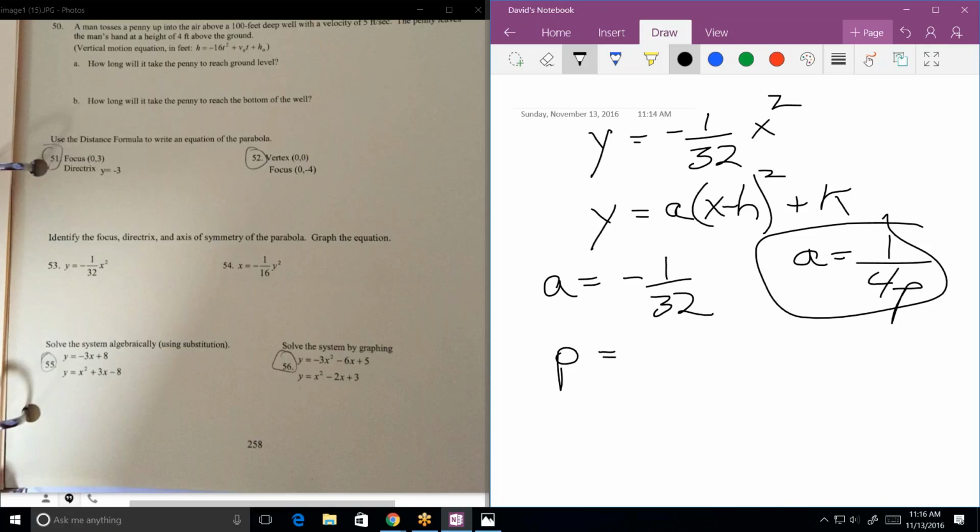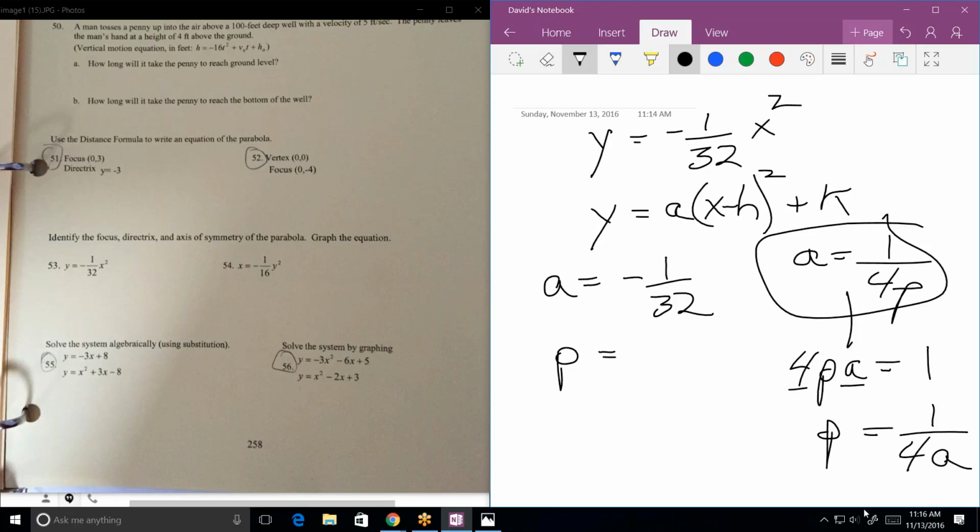No, it's not. In other words, if I multiply both sides by 4p, then I got to divide both sides by 4a, right? If I solve that, I get 4pa equals 1. Now divide both sides. To solve for p, I got to divide by 4 and a. So p equals 1 over 4a.